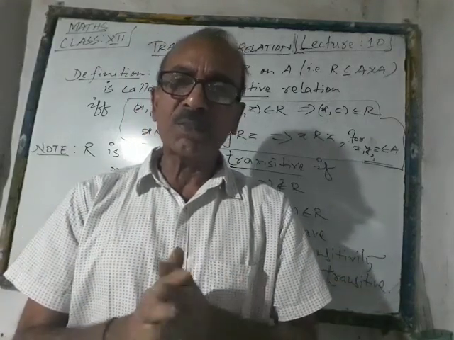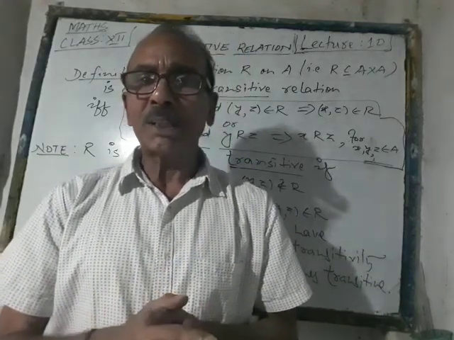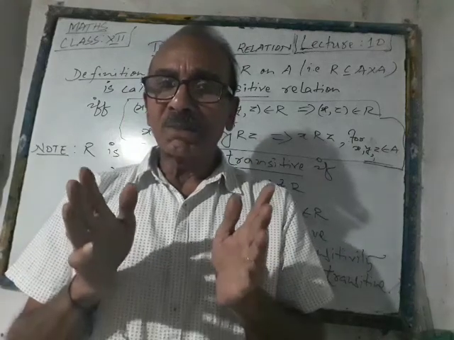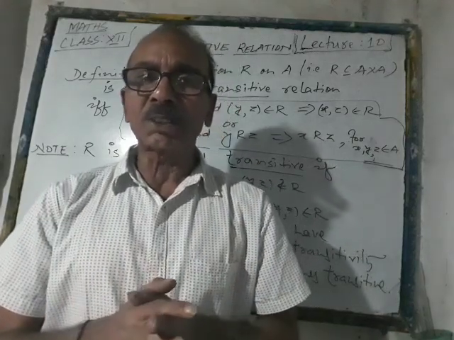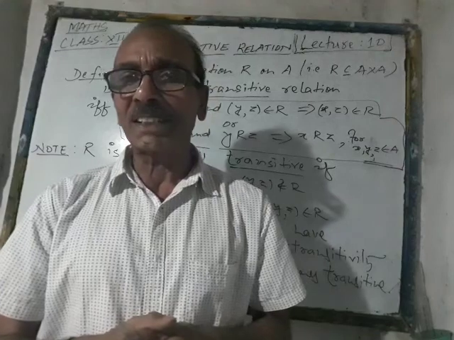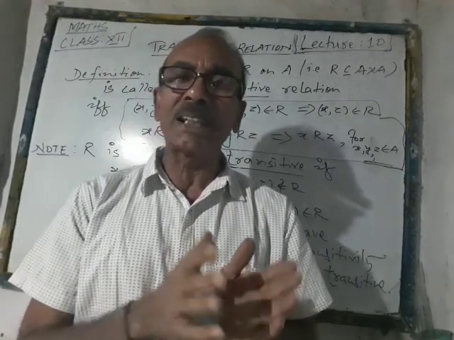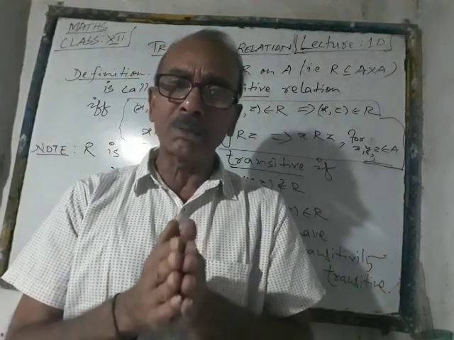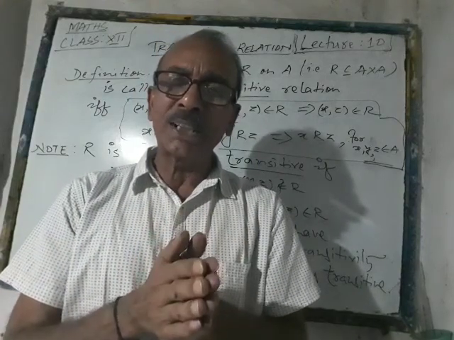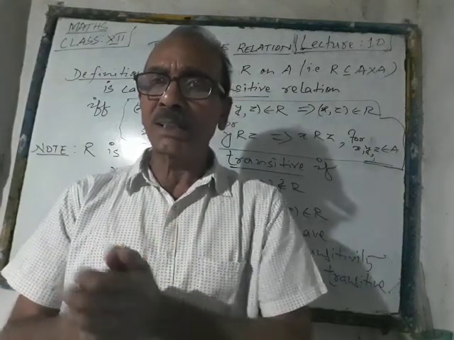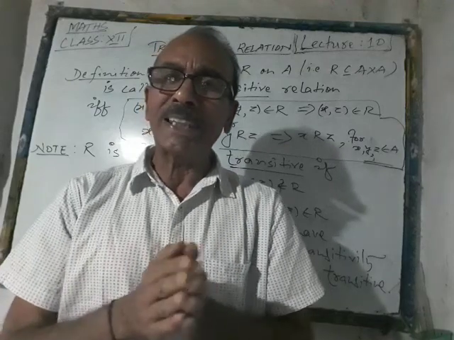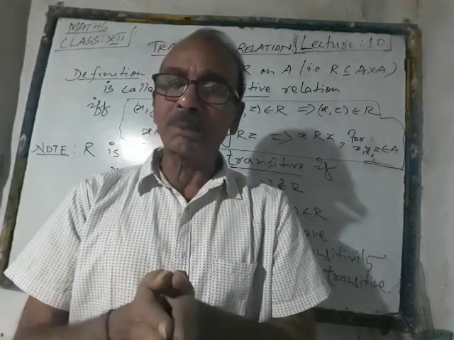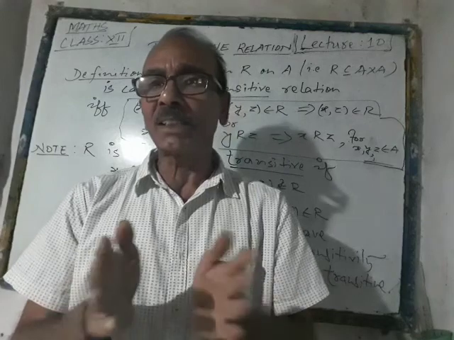If A is a father of B and B is a father of C, is A a father of C or not? No. No one can say that A would be a father of C. Undoubtedly, A would be a grandfather of C. So the same relation defined between A, B as well as B, C cannot be defined between A and C. So in this case, transitivity is contradicted and hence this is not transitive.